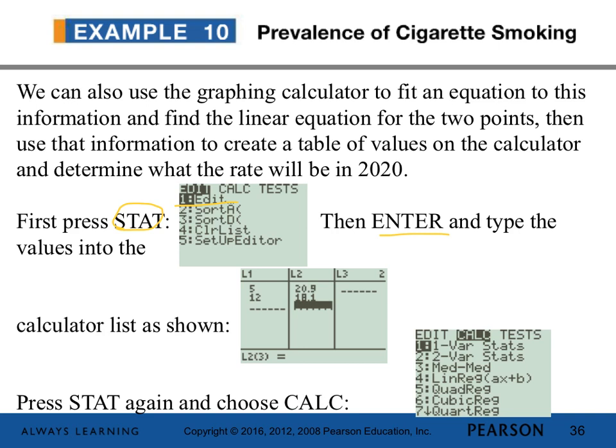And then you're going to type the 2 pairs of points into the calculator list as shown. Notice that this is the first set of points, and this is the second point.